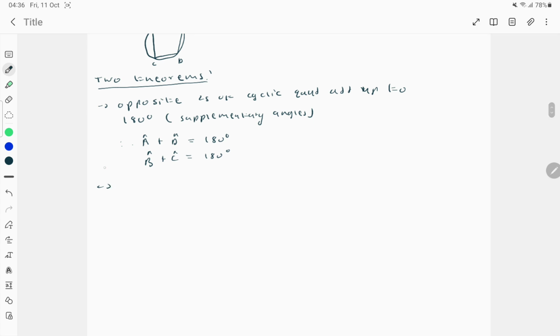So this would be theorem 1, and that would be theorem 2. The second theorem is that the exterior angle of a cyclic quad is equal to the opposite interior angle.